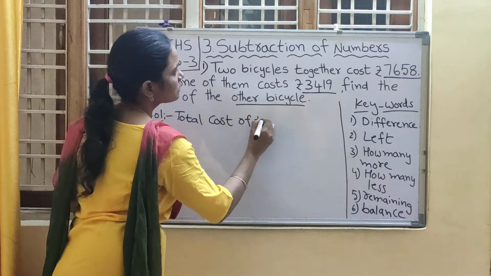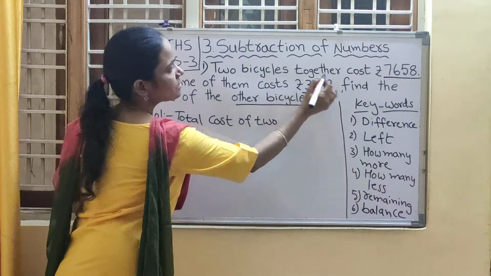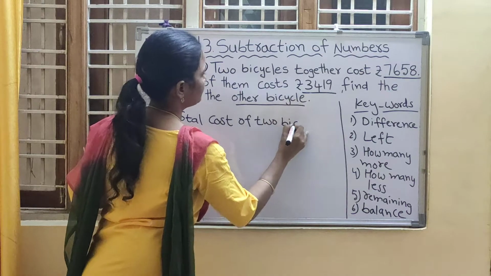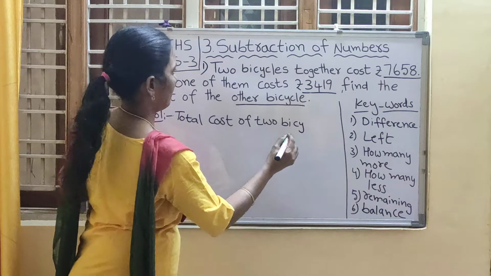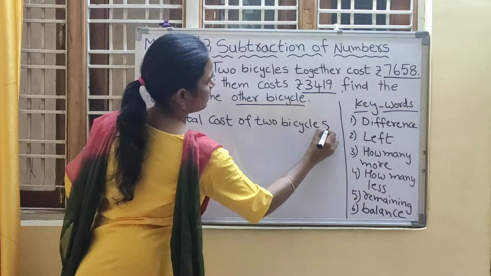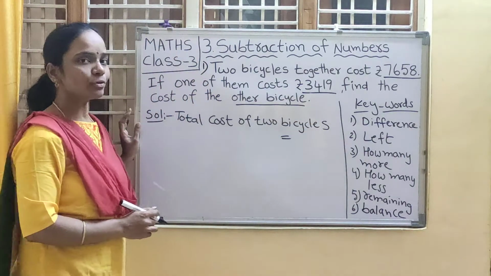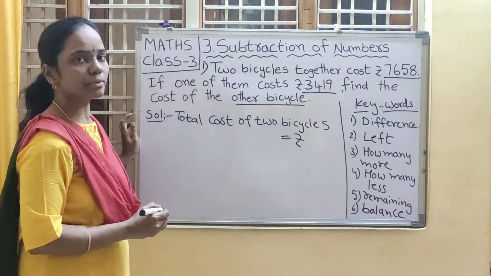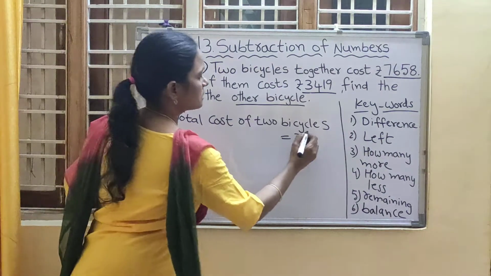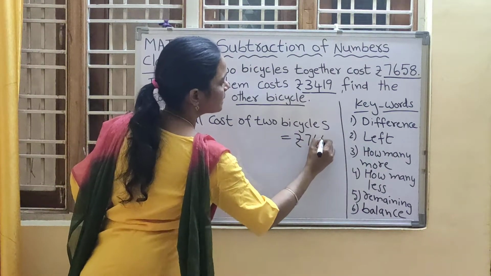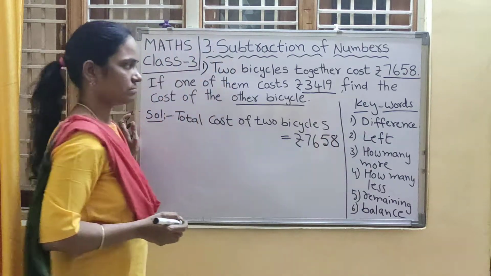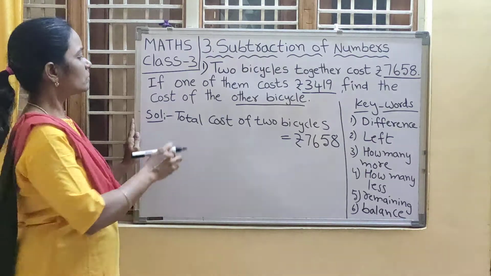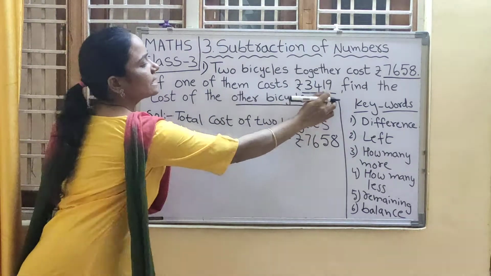Total cost of two bicycles is equal to how much? How many rupees? Yes. Rupees symbol you have to put because this is amount. 7,658.